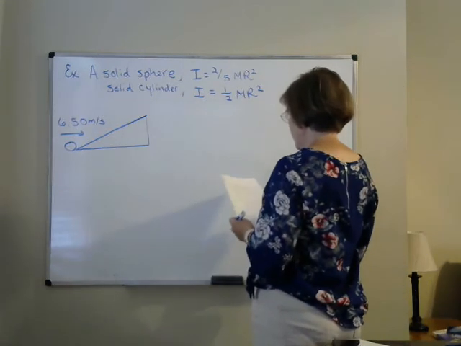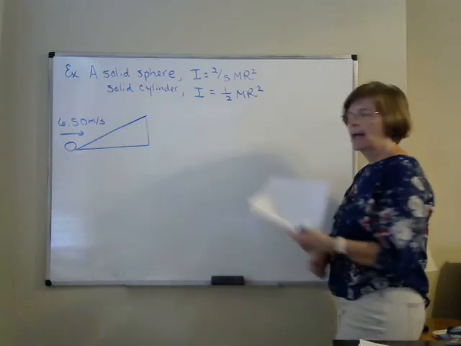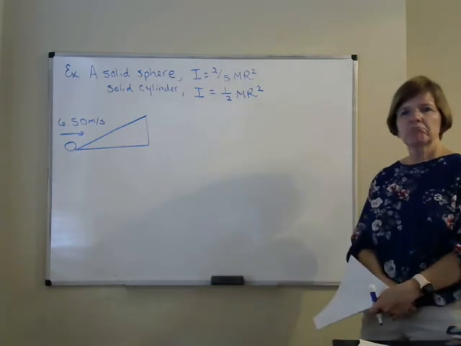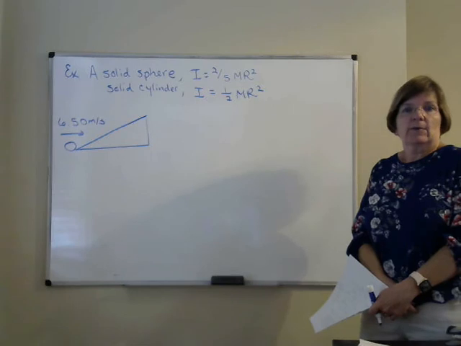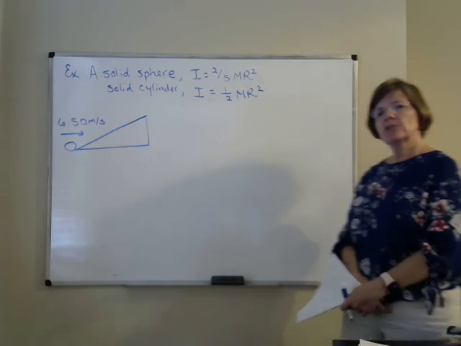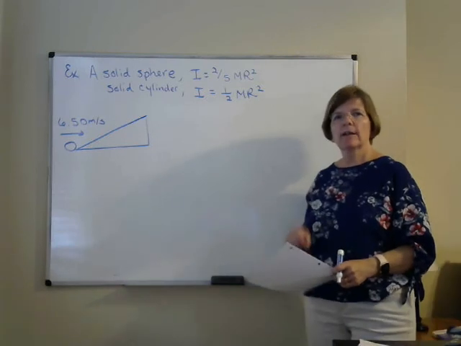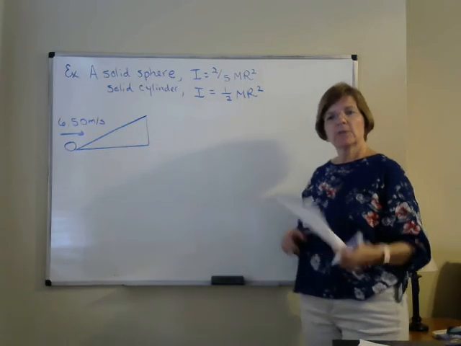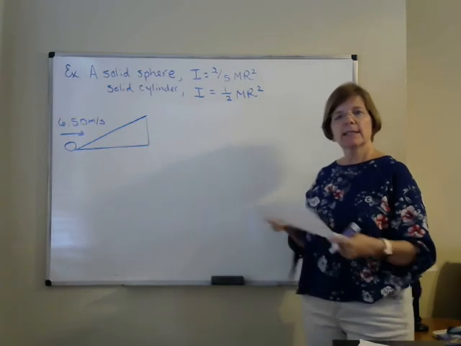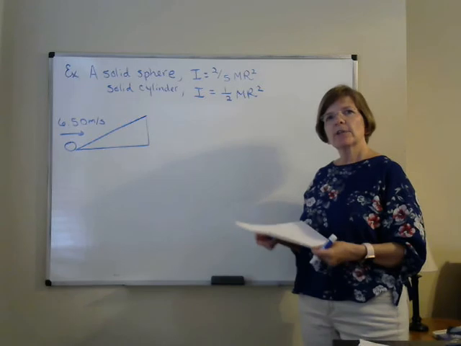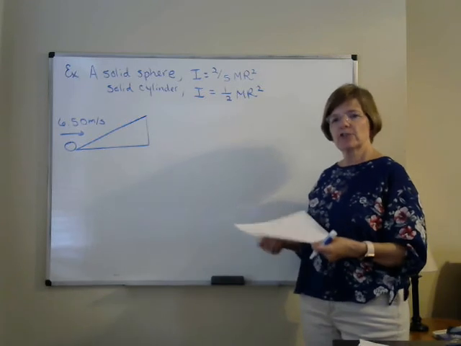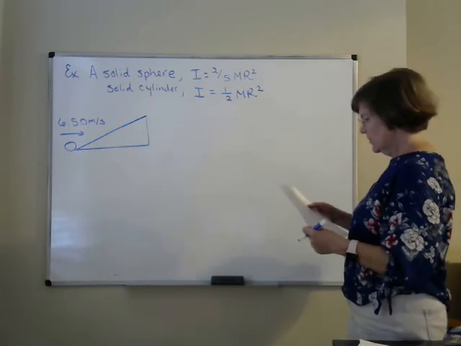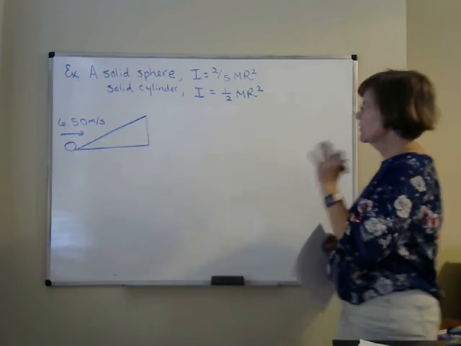And the question basically says, what's the maximum height of each one of them? How high will they go? That's really a question of when will all of its kinetic energy be converted into gravitational potential energy. So we're going to start with just this whole idea.